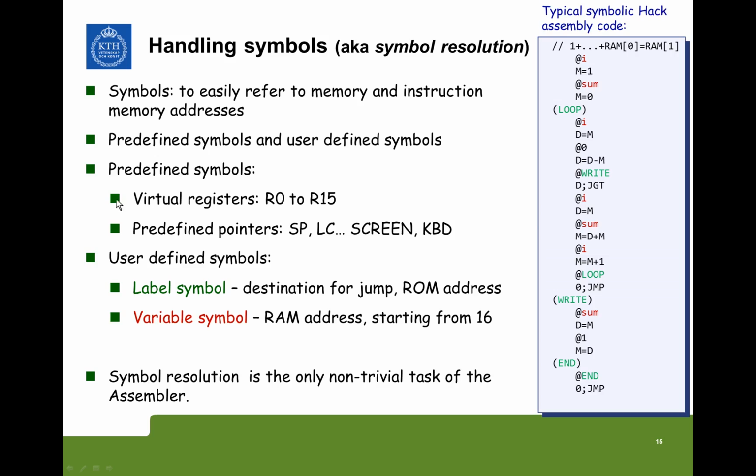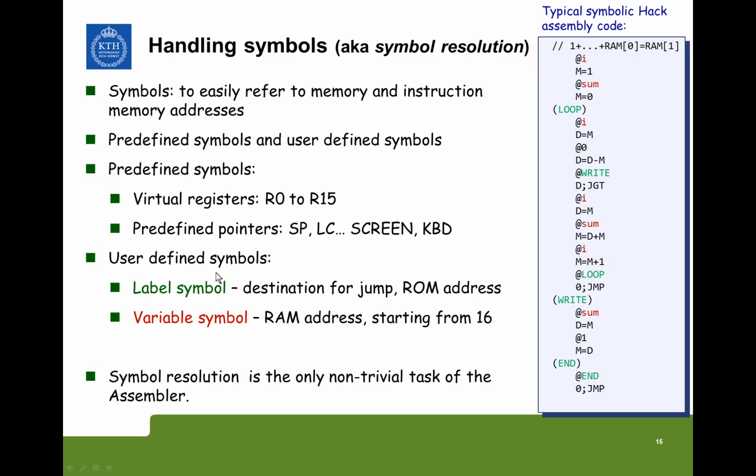Predefined symbols, right, these are agreed for Hack assembly and Hack machine language. They are the virtual registers from R0 to R15 and some predefined pointers that we will use later on in the software hierarchy.